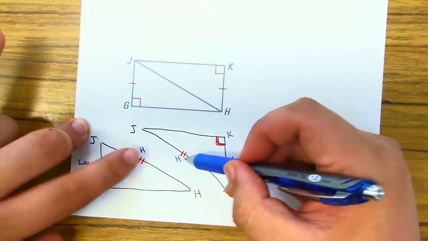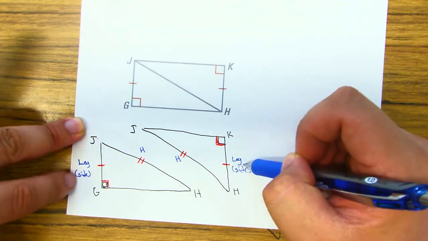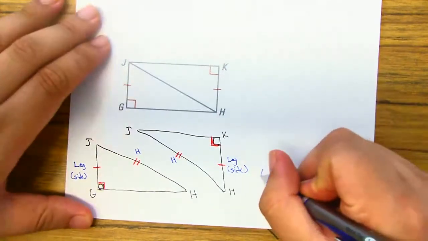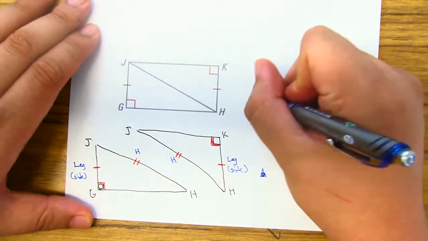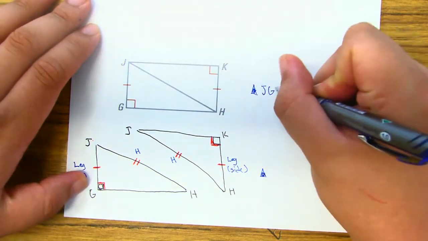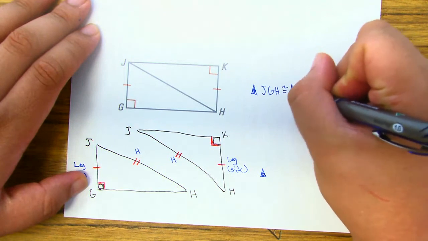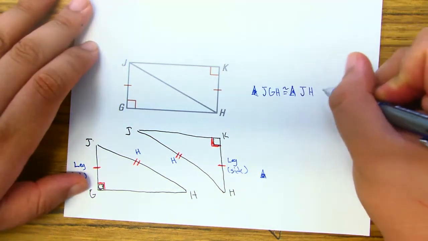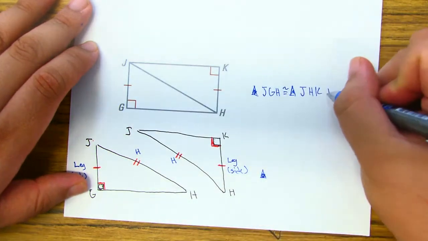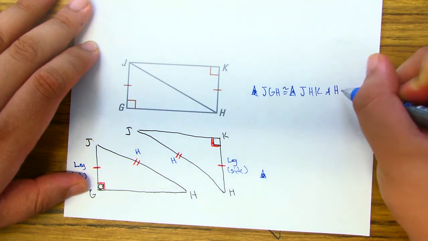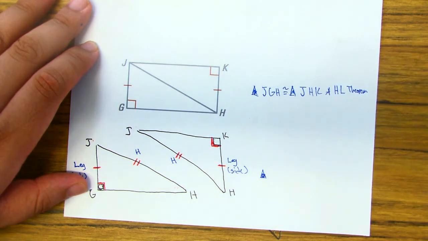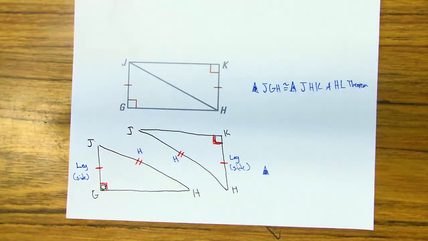So if the hypotenuse and the side or leg are congruent, then these two triangles are congruent. Triangles JGH and JHK are congruent to each other due to the hypotenuse leg theorem. Once again, I'm only putting HL because the answer is right there on the multiple choice.